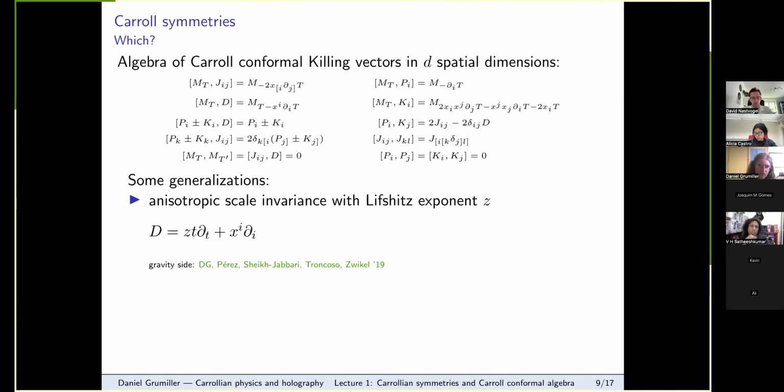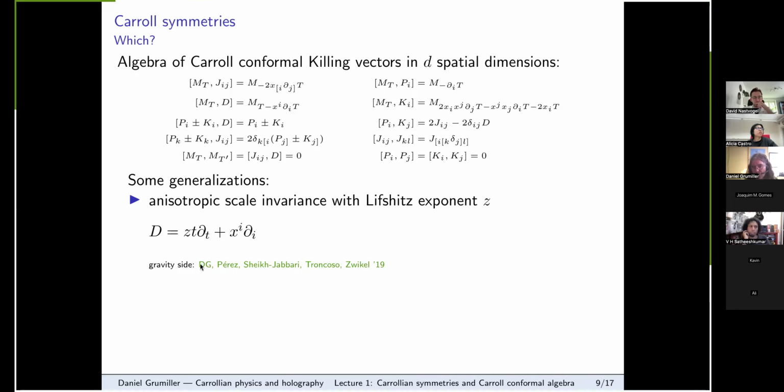Now let me mention some generalizations. The first one is a very natural one. You can allow for anisotropic scale invariance with some Lifshitz exponent z. What I mean by this is you change the dilatation generator in this way: z t ∂_t plus x^i ∂_i, where z is in principle some arbitrary real number, though typically it's some integer. In the isotropic case, you would have z equal to 1.